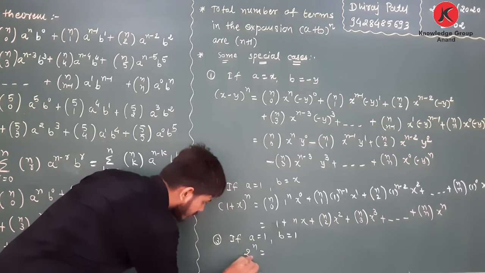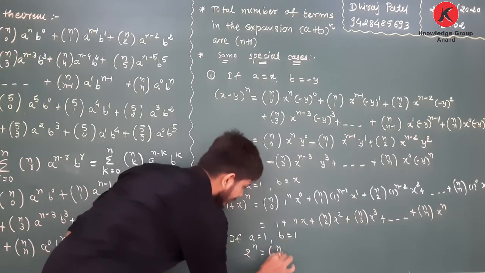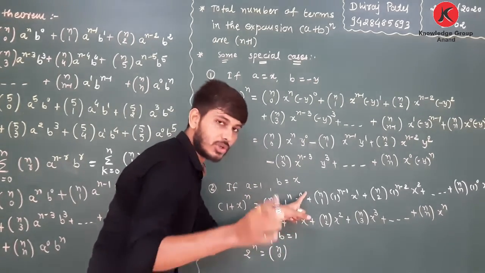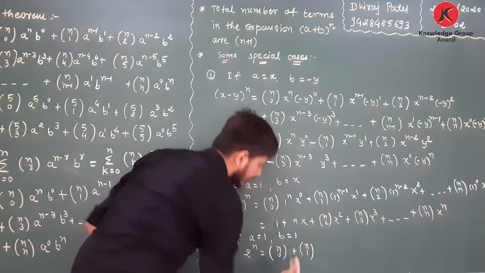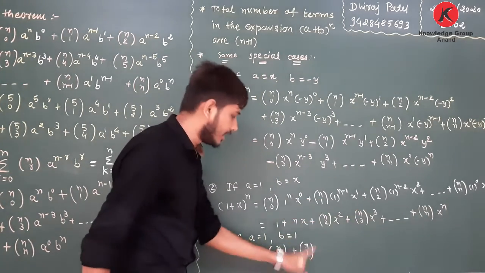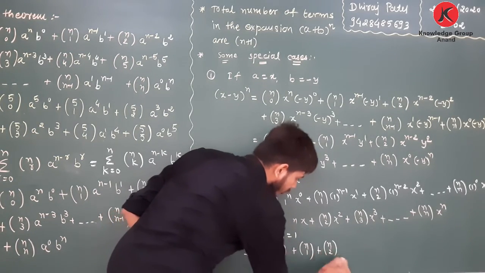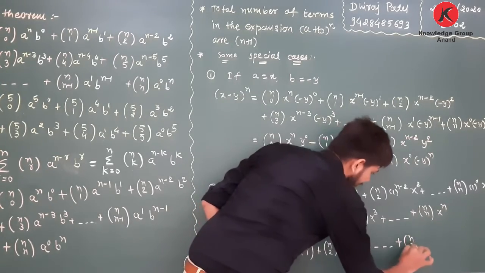which is equals to 1 plus 1 means 2 raised to n, which is equals to nC0 1 raised to n, 1 raised to 0, 1. આ લખો તો ચાલશે, plus nC1 1 raised to n minus 1, 1 raised to 1, that means it is also equals to 1 plus nC2 plus nC3 plus up to nCn.